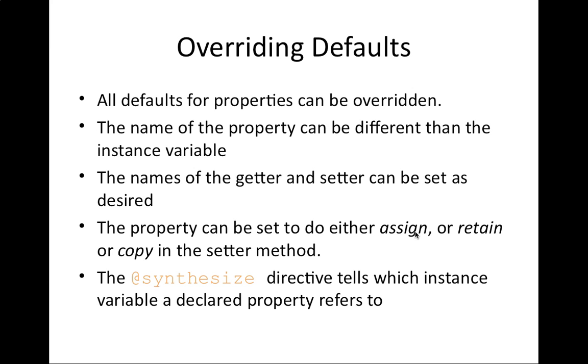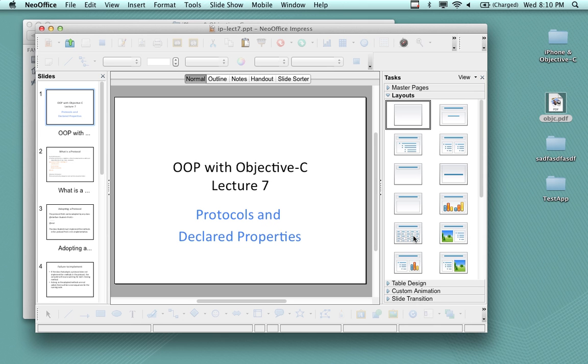This has to do with the way that the memory is going to be managed for the particular data member that we're actually setting. The synthesize directive tells the instance variables to declare the property it refers to. So synthesize actually does the work or the implementation of the assignment of those values, and it sets the ability to work with the variables or the interface to the variables.